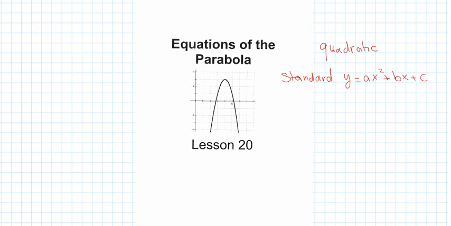So this is the most expanded form. Okay, and from this form we can't find much. There's only one thing you can find from this form, and it's the y-intercept. Okay, we'll talk more about it when we go to grade 11. So this would be the y-intercept.